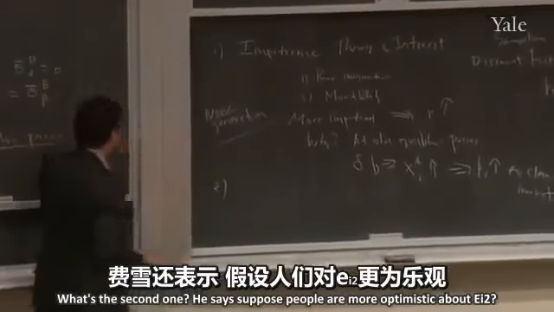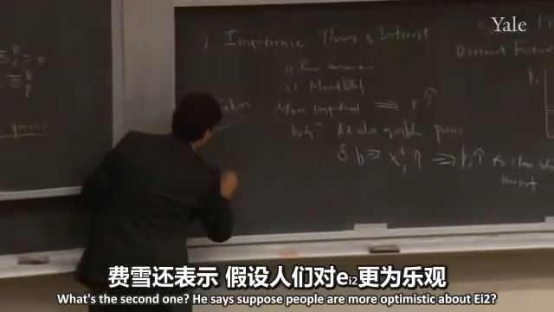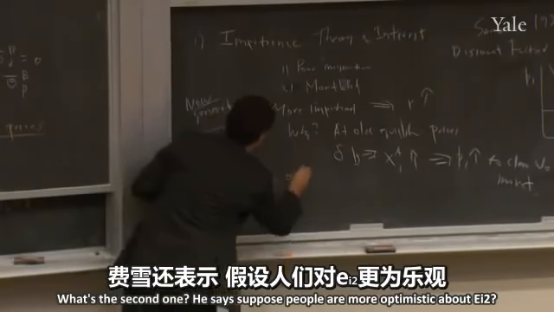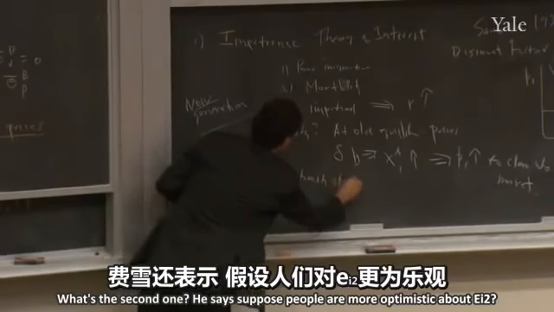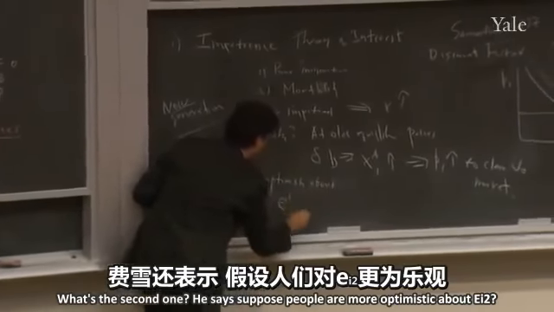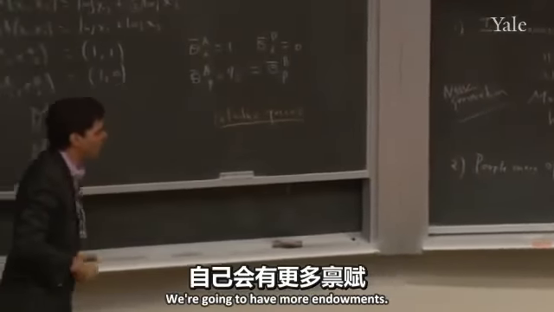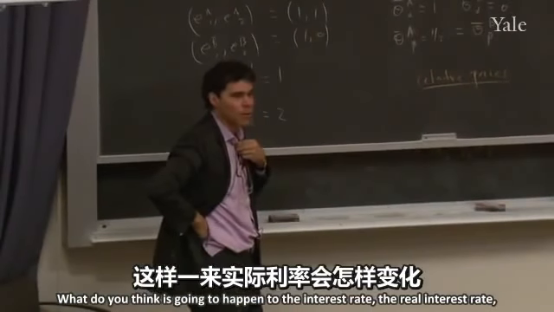What's the second one? He says, suppose people are more optimistic about E_I2. Everybody thinks the world's going to be much better next year. We're going to have more endowments. What do you think is going to happen to the real interest rate?